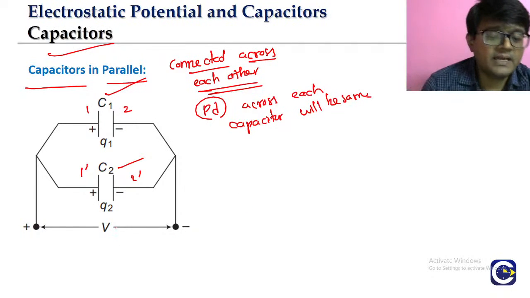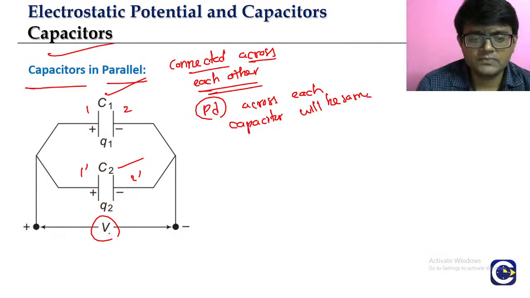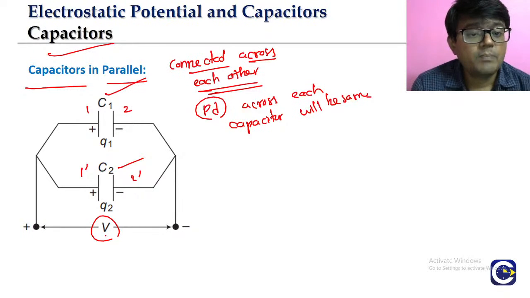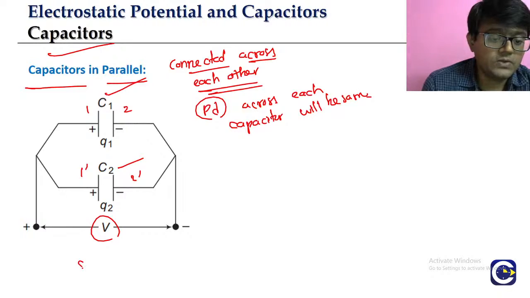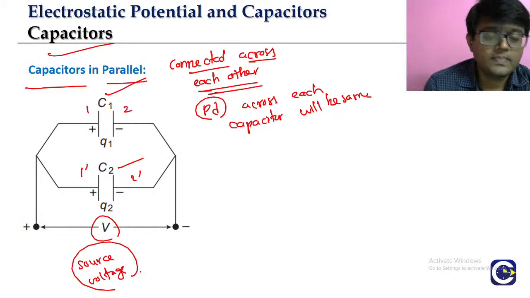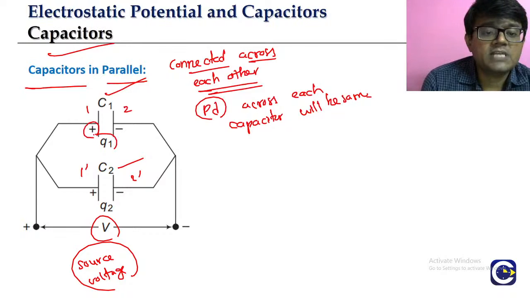Same. Look here, we are connecting this parallel combination of capacitors to a voltage source. So this is the source voltage. Okay. So look here, the capacitor 1 plate will get some charge from the battery or the cell. Let its value be Q1.